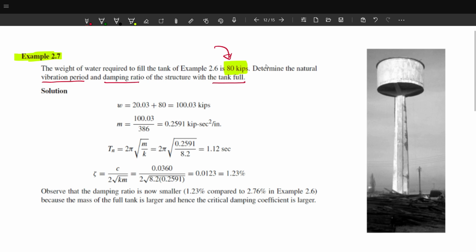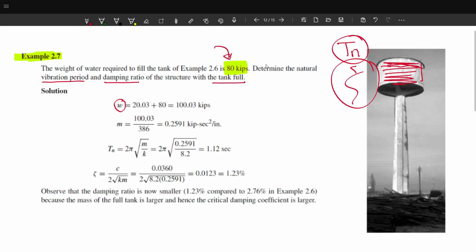So now water is going to be inside this tank, and we need to know what is its natural period Tn and what is its damping ratio. Tn and damping ratio are going to be affected by the mass. So we're going to start with the weight of the structure.